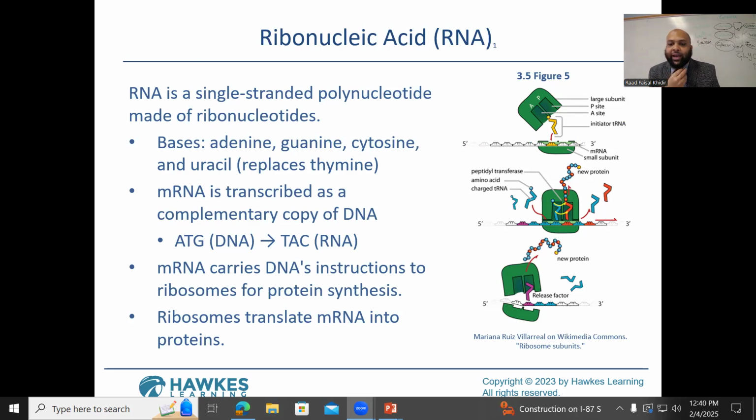The bases are adenine, guanine, cytosine, and uracil, which replaces thymine. mRNA is transcribed as a complementary copy of DNA. mRNA carries the DNA's instructions to ribosomes for protein synthesis. And ribosomes translate mRNA into proteins.